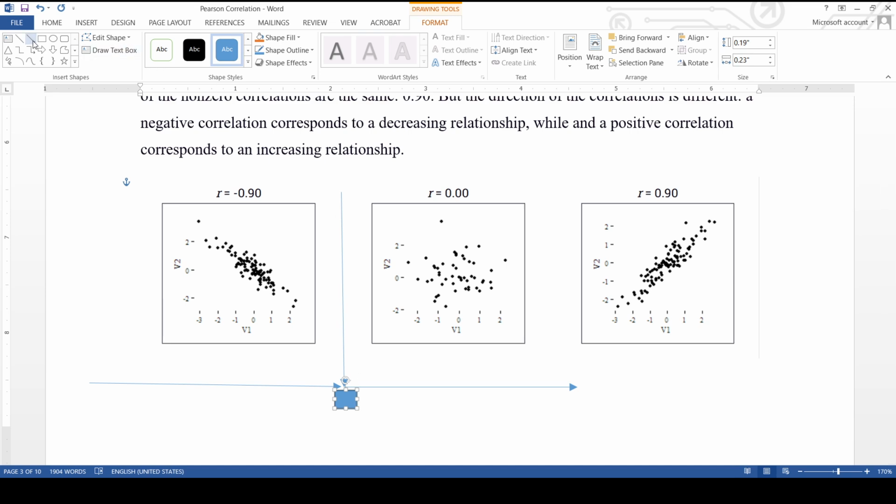From this side of my 0 to this side is what we consider the positive side, that is, from the horizontal to the right is positive. And from the same starting level, 0, to this other side, the left-hand side, is what we call the negative side.